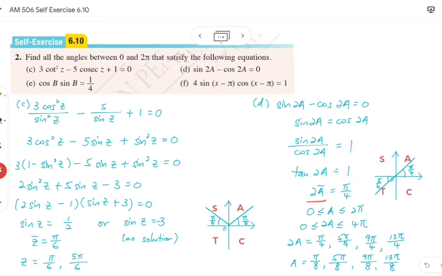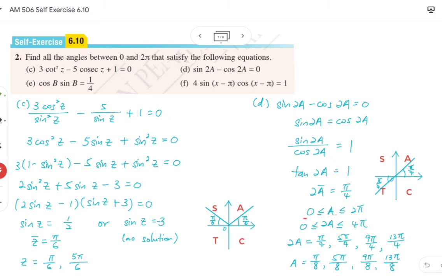Therefore, the reference angle of 2a will be pi over 4, which is 45 degrees. And this reference angle will be placed in quadrant number 1 and quadrant number 3 to get positive values for tangent 2a.